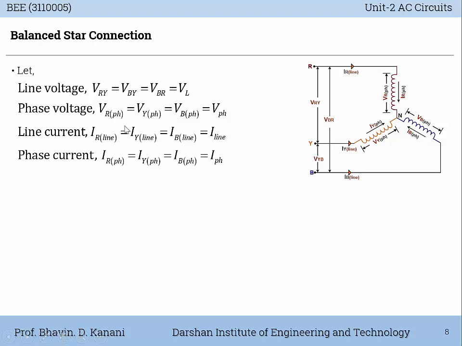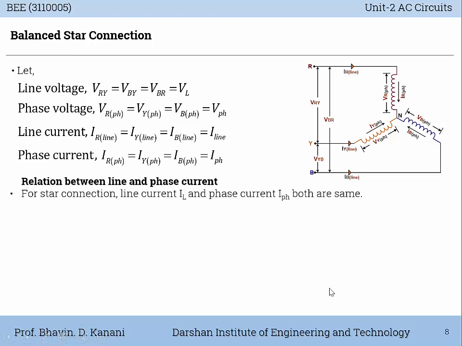Phase voltages, again balanced condition है तो R phase के voltage VR is equal to VY and VB, so all phase voltages are same. Again line current, that also will be same in balanced condition, so IR is equal to IY is equal to IB, I line current. Same way phase currents will be same, so IR phase is equal to IY phase is equal to IB phase, that is equal to I phase.